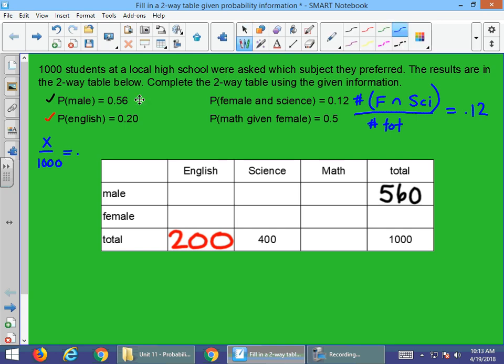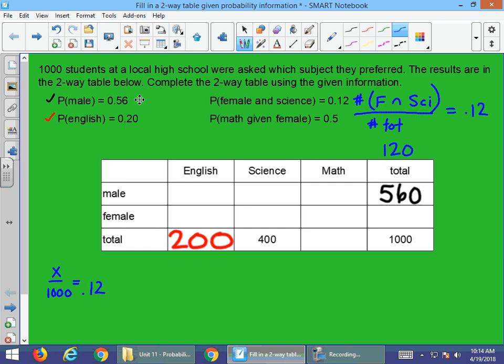This has to equal 0.12. Okay, so multiply both sides by 1,000. That means I get 120.